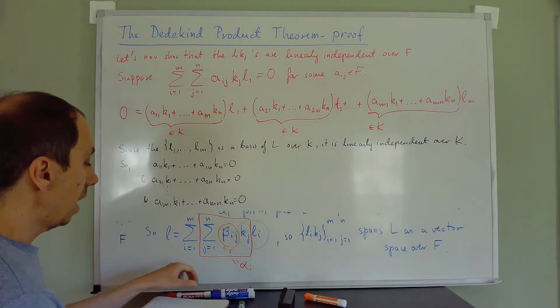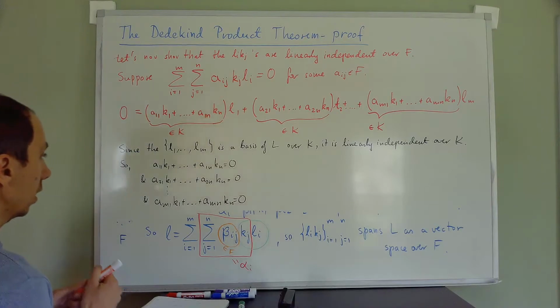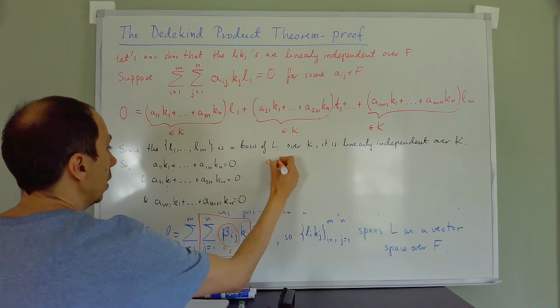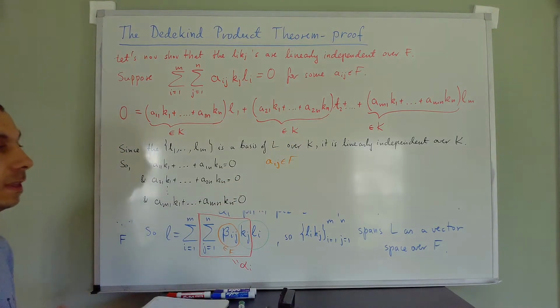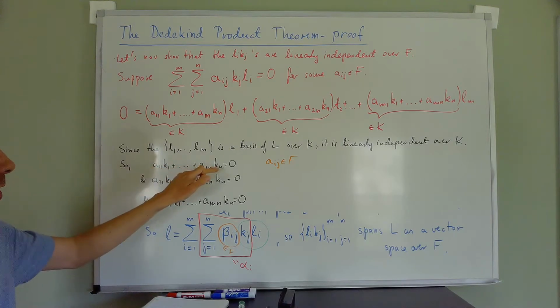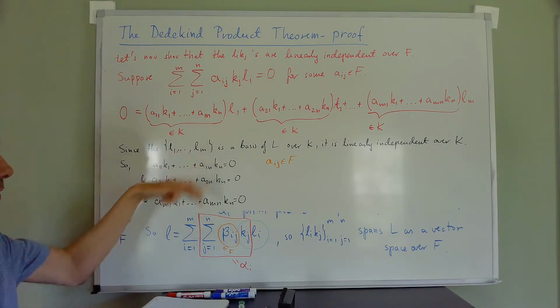Okay, but now if you look at each of these equations, you see the a_ij's are in F, which means this is now an F-linear combination of the k's that gives me 0. This also is an F-linear combination of the k's, and this also is. Each of them gives me 0.